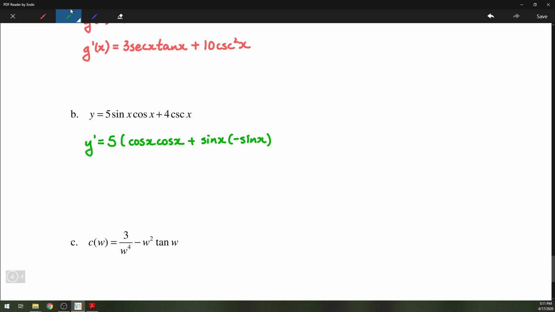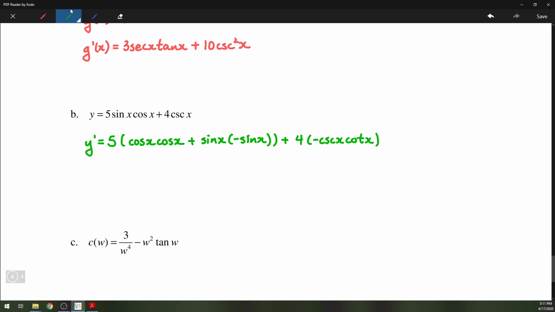All right, that's the product part. And then the derivative of cosecant x, of course, is negative cosecant x cotangent x, just using the mnemonic device from above.